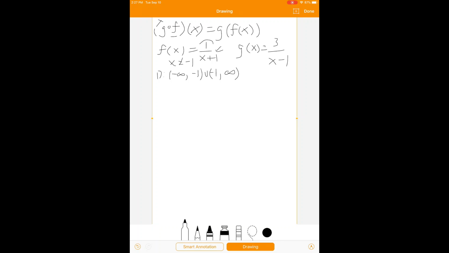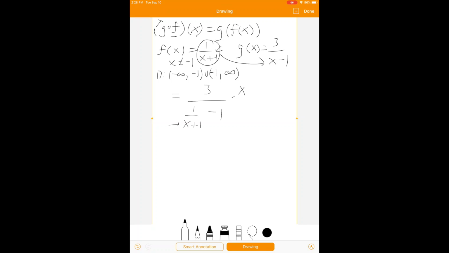I'm putting function f into the argument of g, so I can write this as 3 over 1 over x plus 1 minus 1. Now we need to simplify this. We don't like the x plus 1 that we currently have here in the denominator.